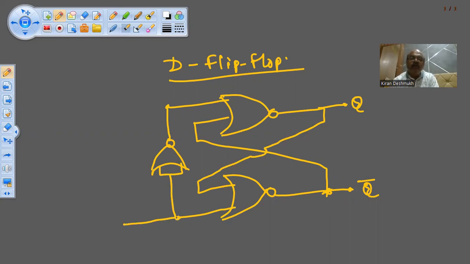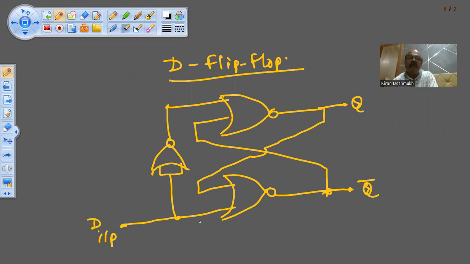And I apply only one input, that is D input. Okay. Now, why have I connected a NOR gate here?